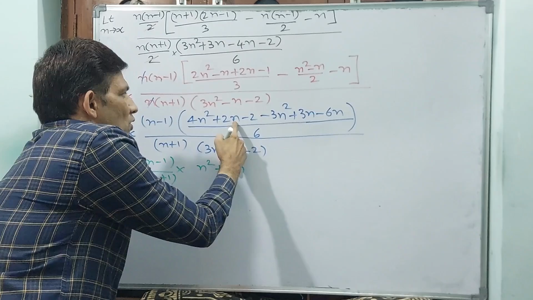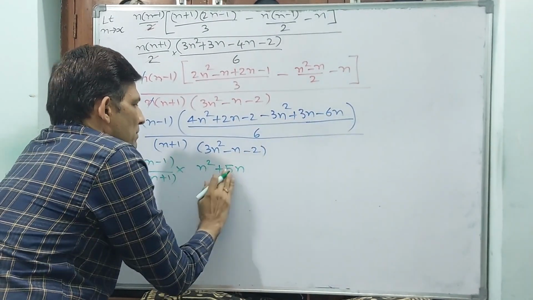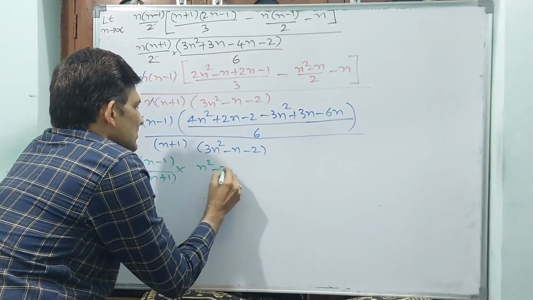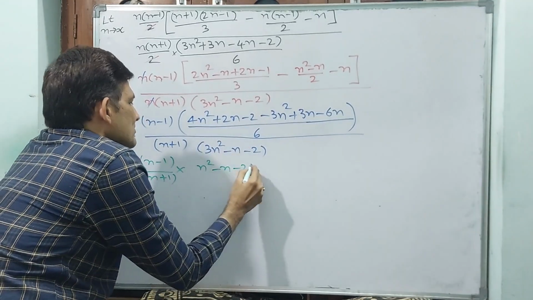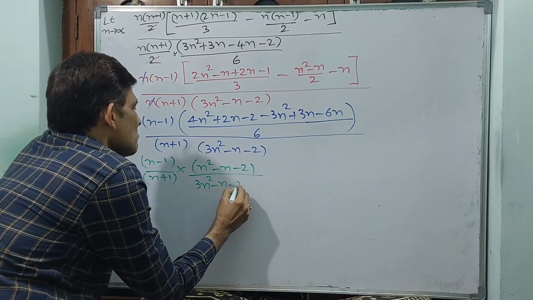No, see 2n plus 3n, 5n, minus 6n, minus n, minus 2, divided by 3n square minus n minus 2.